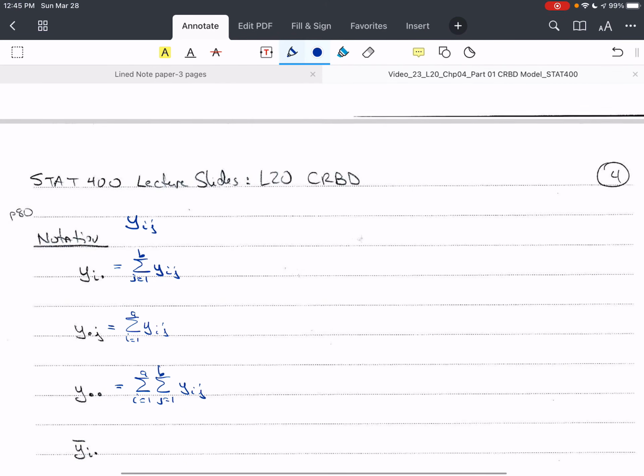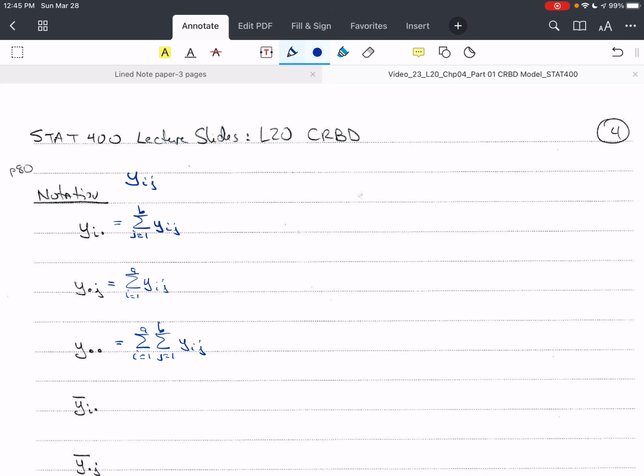Now, to get the means, we only have one replicate, so we don't have to worry about k. So we just have 1 over b times y i dot, which is 1 over b times the sum of yij from j equals 1 to b. Okay, so 1 over b, I'm sorry. We've summed across the j, so we have to divide by b, not by a.